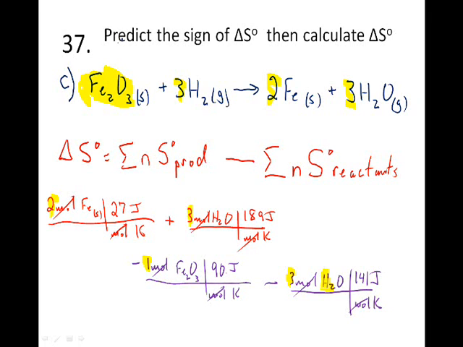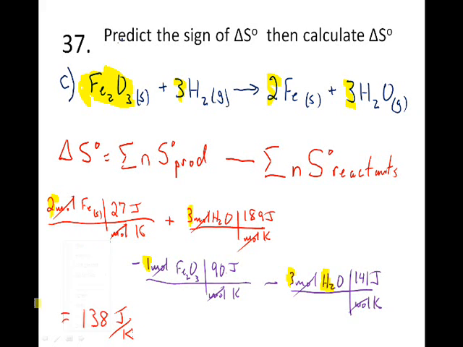I've got the number right. I just wrote an O there for no good reason. Okay, let's add these and then subtract these, and you should have come up with a positive change in entropy for this reaction of plus 138.